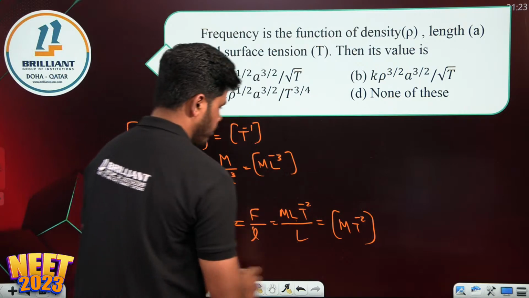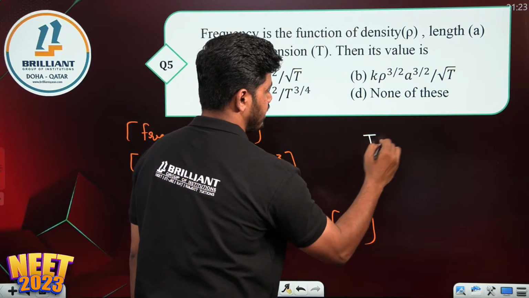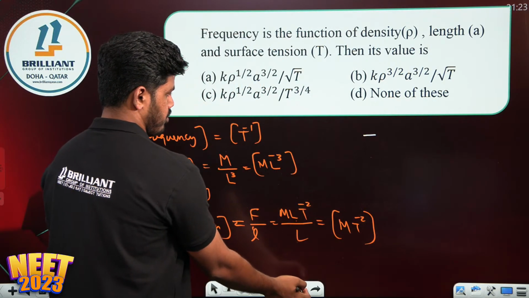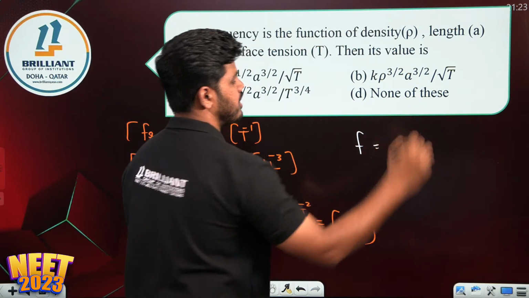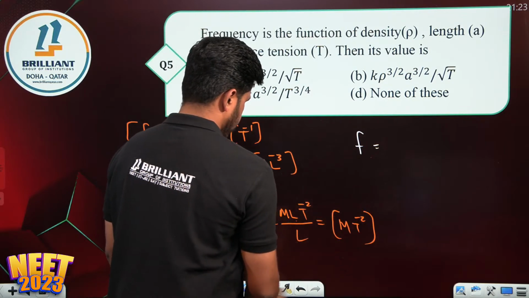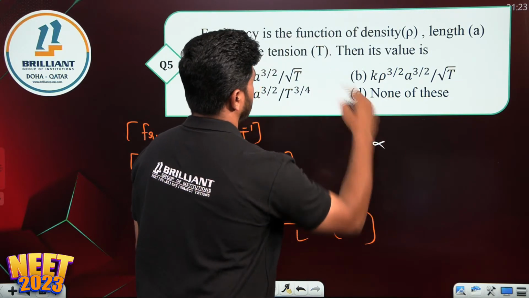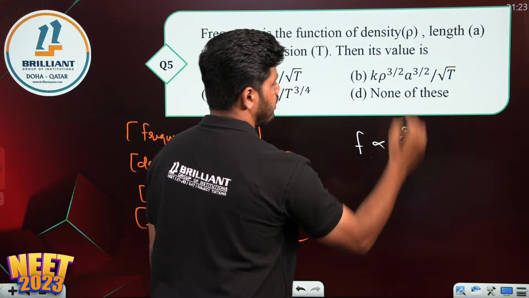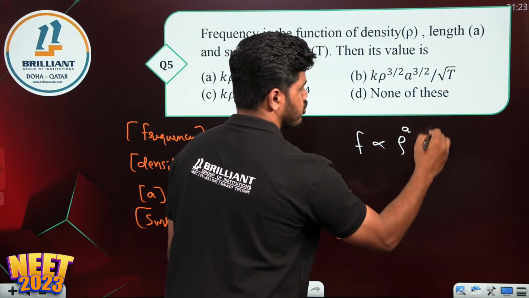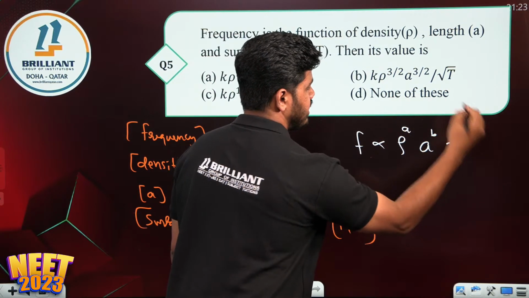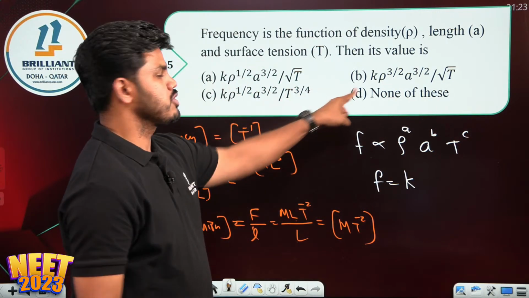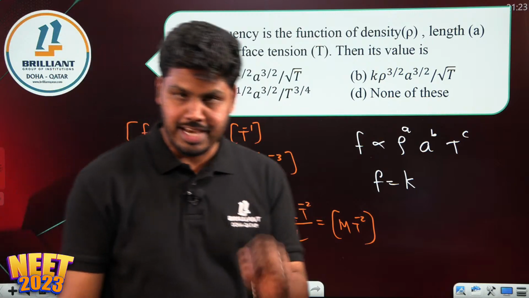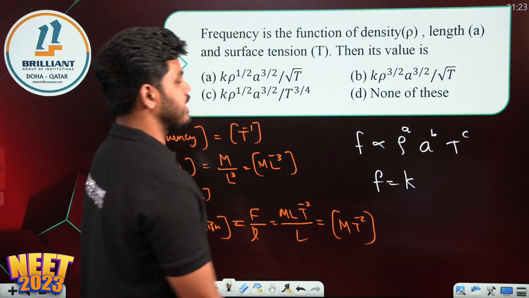Okay, so we have to formulate an equation for frequency, not time period, you are asked to find out. So frequency F is proportional to, the first one is density raised to A, then length A raised to B and surface tension T raised to C. We can say F is equal to some K. See, in all the options we have a K. That K is a dimensionless proportionality constant.